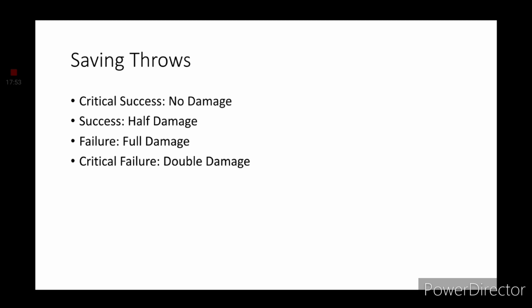You succeed, you just take half damage. A failed saving throw is full damage, and if you critically fail your save, you take double the damage. Which I kinda like. I wish this was in Dungeons & Dragons. A critical success and a critical failure on a save. That makes perfect sense.